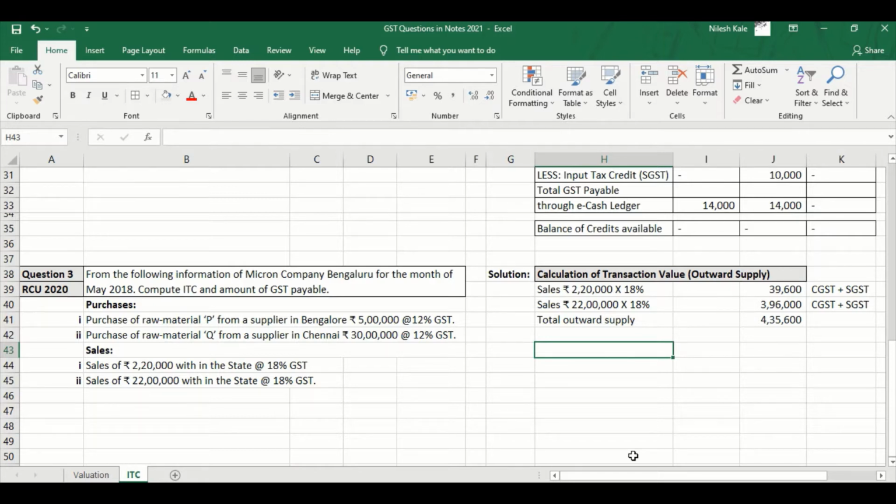We'll have to calculate the input tax credit, ITC, right? And that is what is our inward supply.